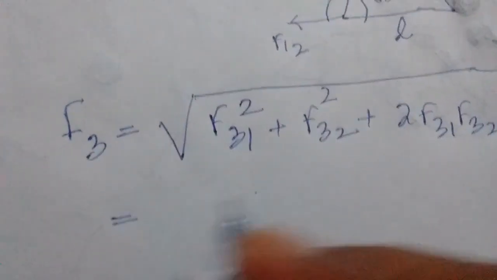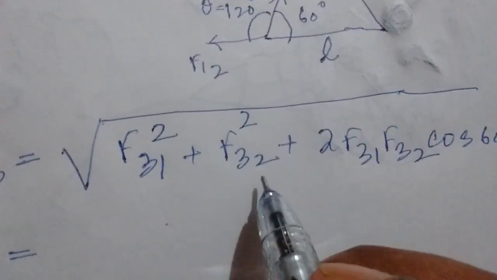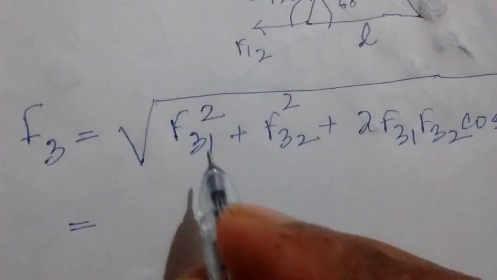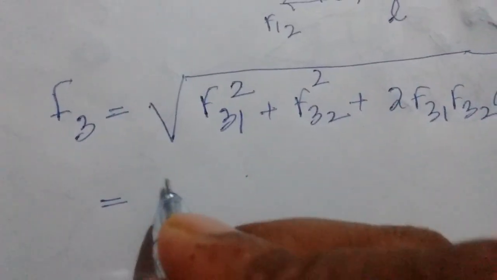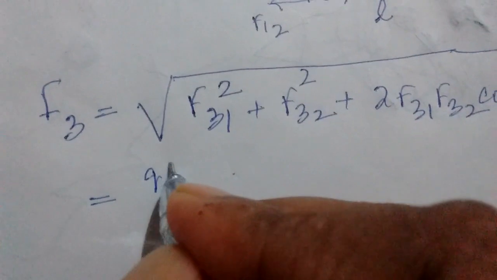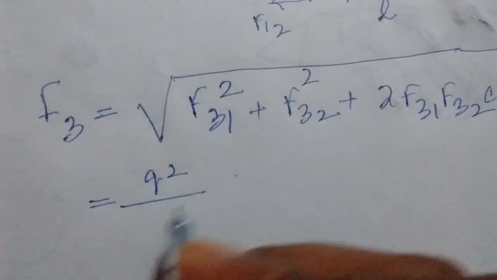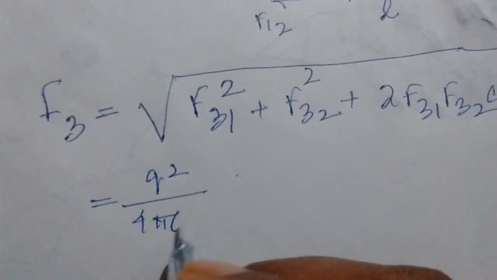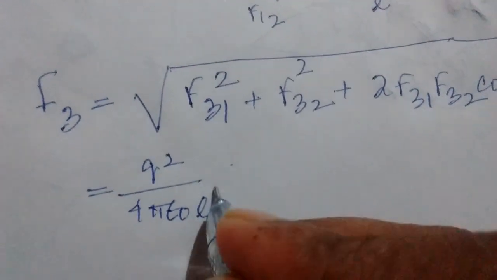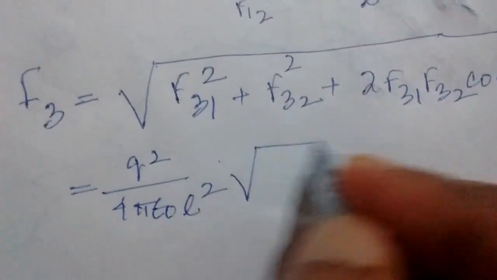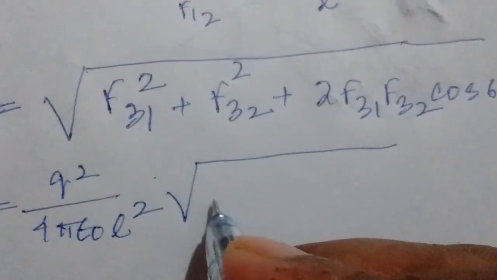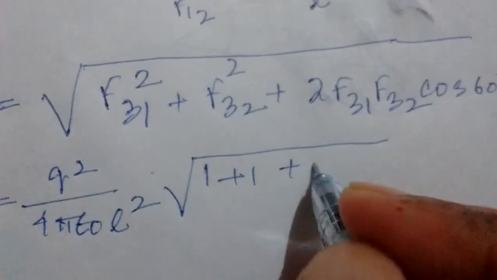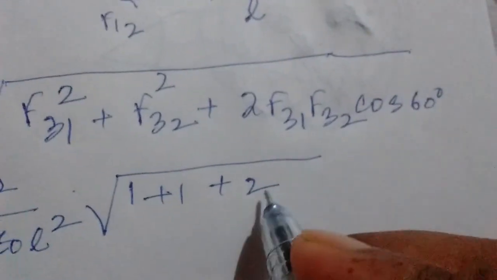Now F31 magnitude and F32 magnitude are both the same as before, that is q square by 4 pi epsilon naught L square, root over of, inside it will be 1 plus 1 plus 2 cos 60, which is half.